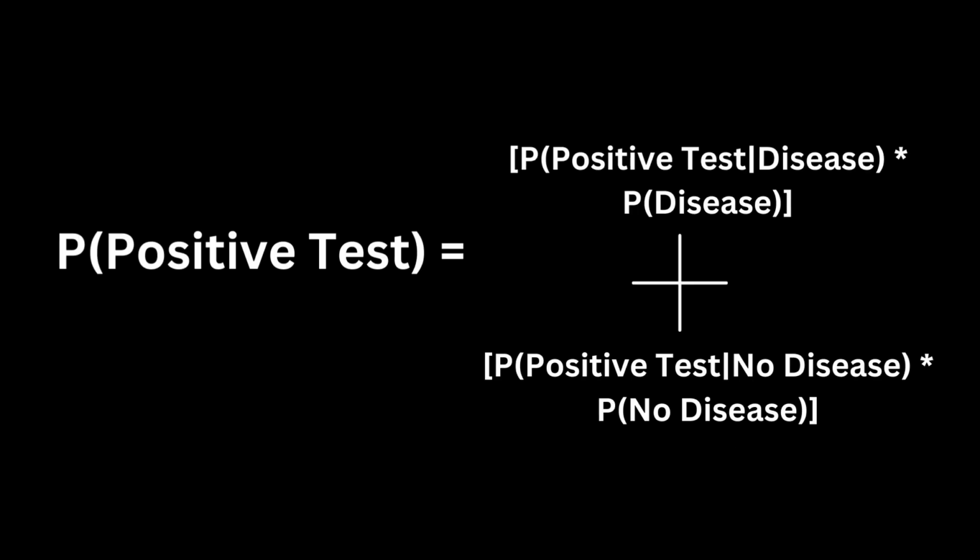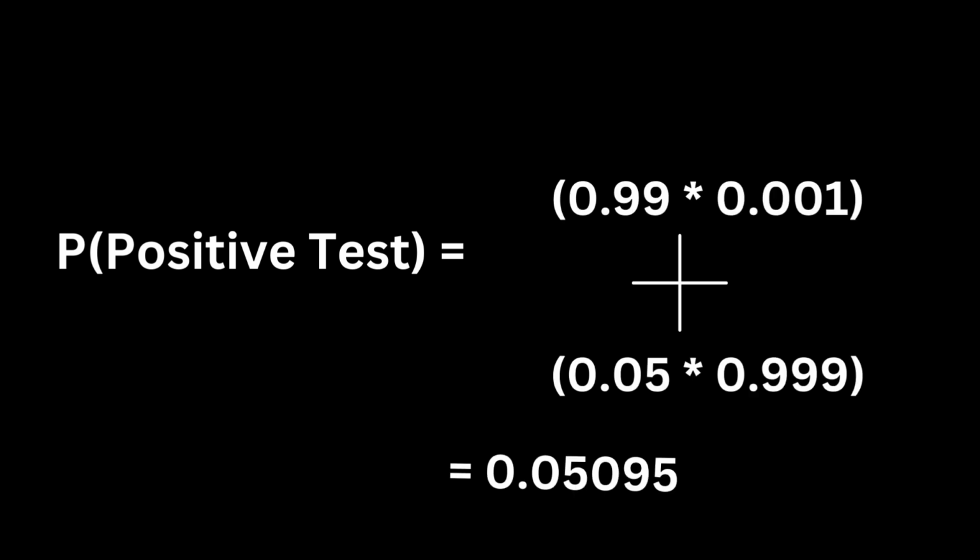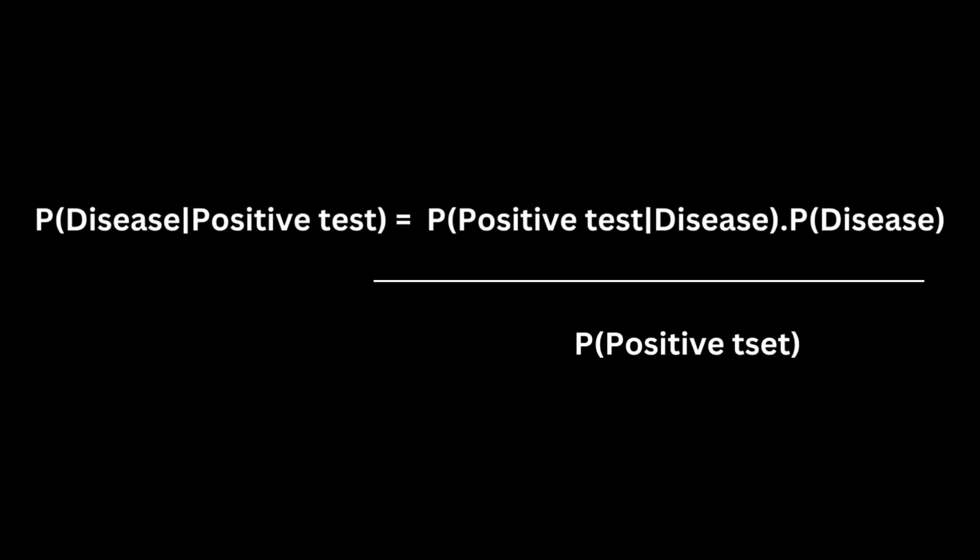Now we know all the values needed to calculate the total probability of getting a positive test result. Let's calculate it. We get the probability of getting a positive test result equal to 0.05095. Now we can use Bayes' rule to calculate the probability that the patient actually has the disease.